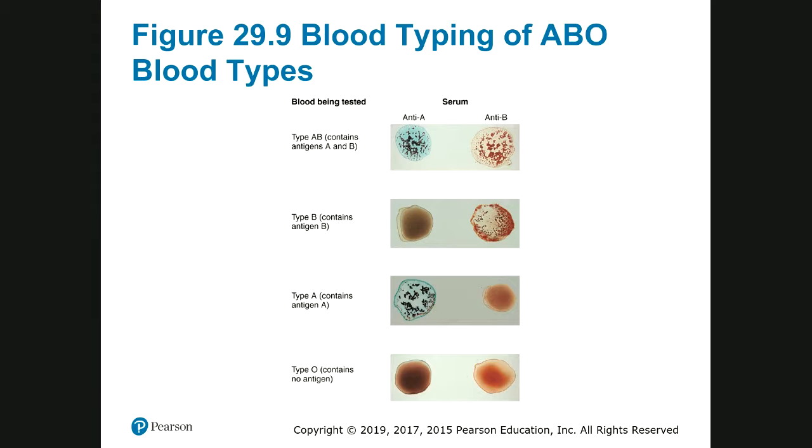Type AB contains both antigen A and B on their surface, and therefore they don't have antibodies anti-A and anti-B in their plasma.